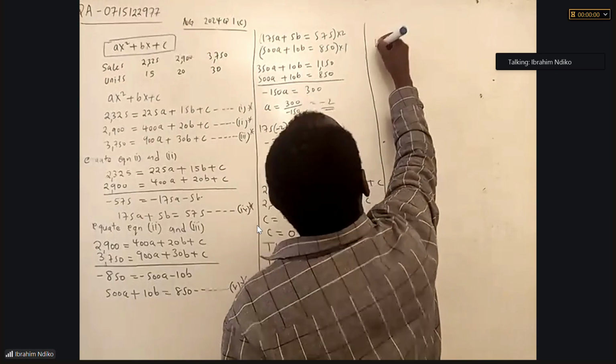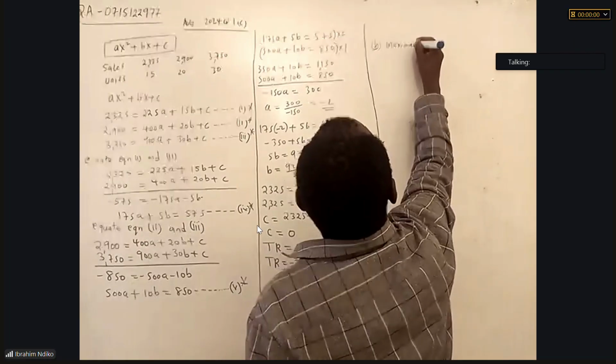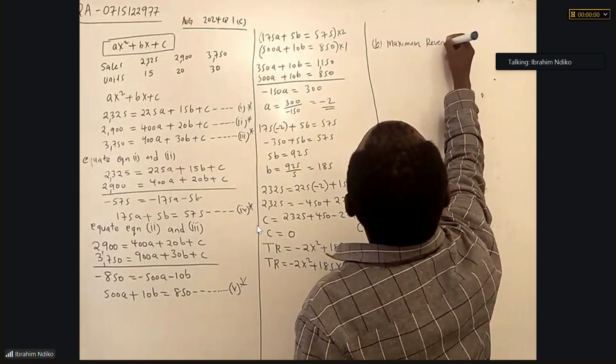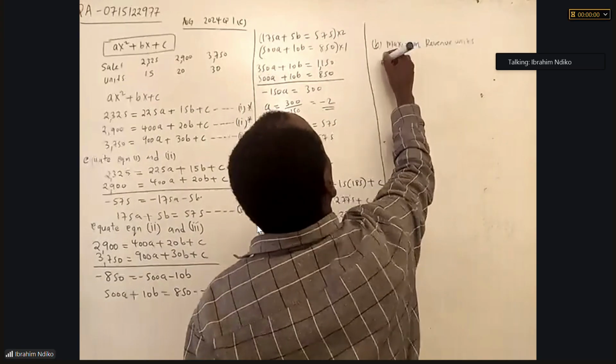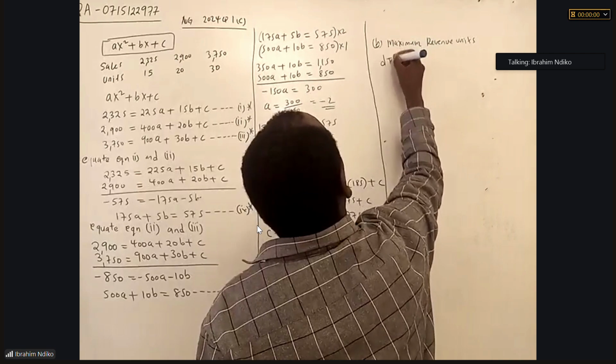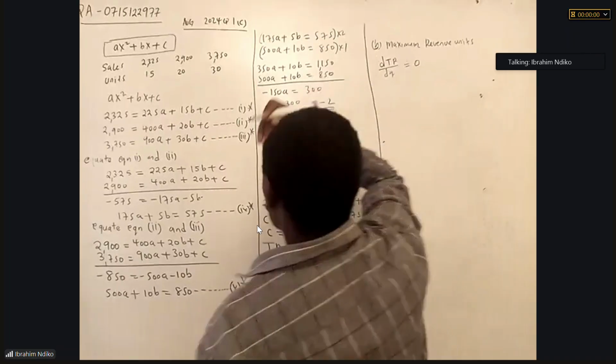So part B, maximum revenue units. You say change in total revenue over change in Q must be equal to 0.